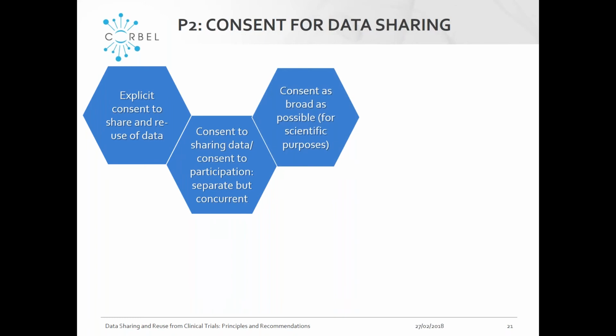And then the second, very important issue is the fact that the consent for sharing and reusing data cannot be fully informed at the time when the consent is collected, because the nature, purposes, and final use of the data that might occur after the trial completes are almost impossible to predict.